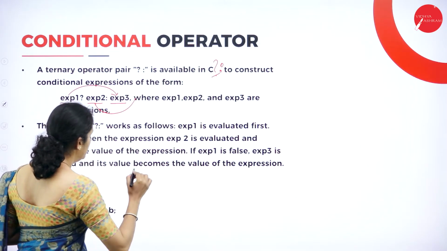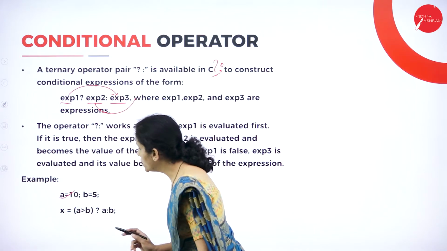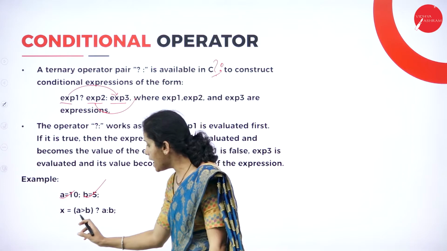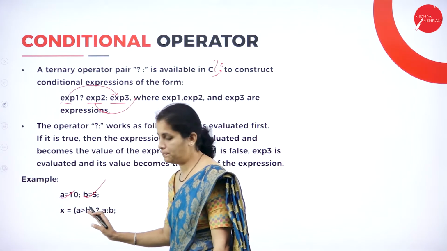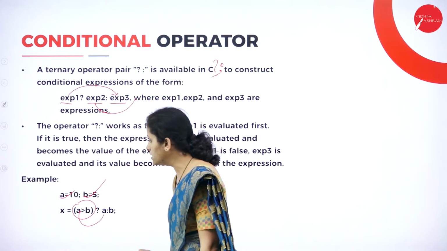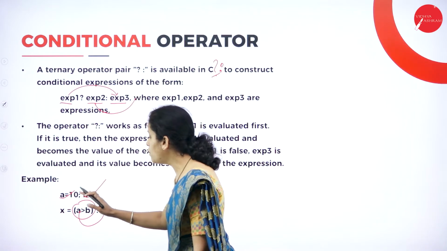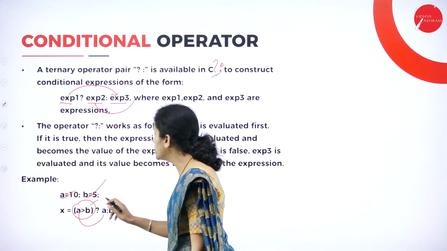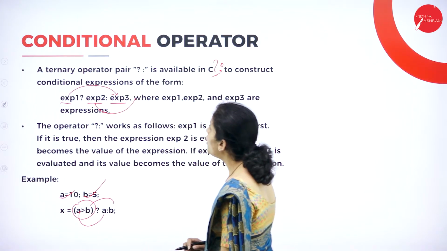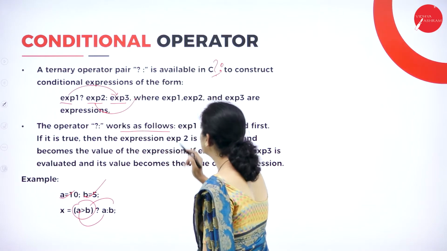For example, think that here I have A equal to 10 and B equal to 5. So I'm going to write A greater than B. If this condition is true, then it is going to return A, that is 10, and if this condition is false, then it is going to return B, that is nothing but 5. So the question mark colon operator works as follows.